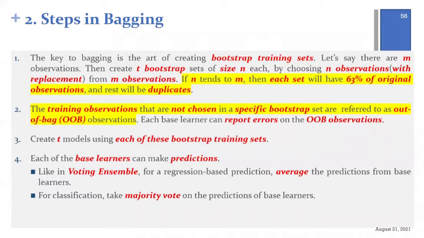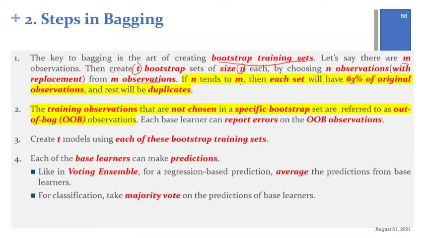Now, let's go through the steps of building a bagging ensemble. The key to bagging is the art of creating the bootstrap training set, which we have explained. For example, let's say we have M observations, and you want to create T bootstrap sets of size N. You are going for T bootstraps, each having a size of N, by choosing N observations with replacement from M observations.